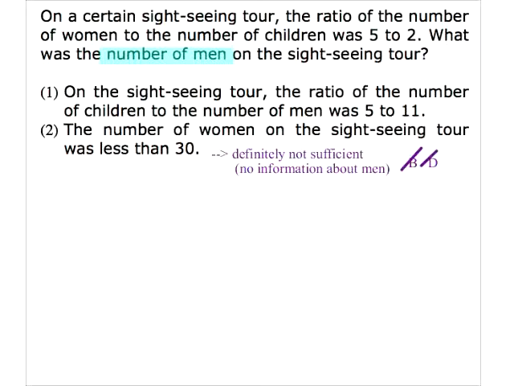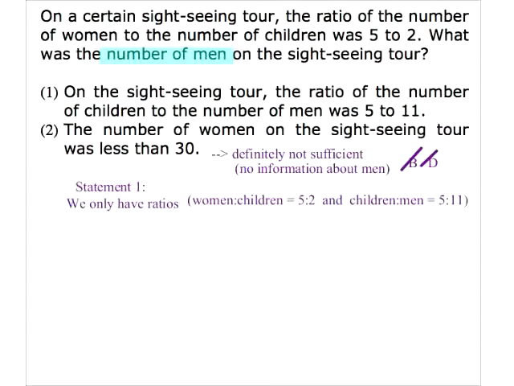Okay. All right. Statement 1. This means we just have ratios. We have a ratio of 5 to 2, women to children, and a ratio of children to men of 5 to 11.